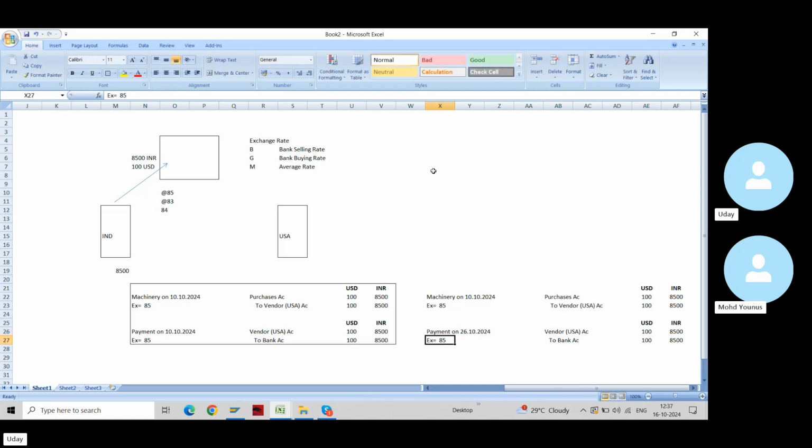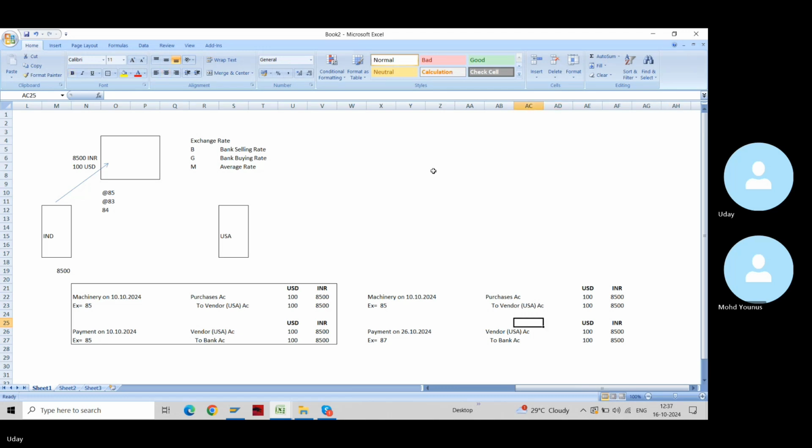I'm purchasing on 10th October and making the payment on 26th October. On 10th October my exchange rate is 85 rupees, whereas on 26th October, as you know, the exchange rate fluctuates daily. Let's say, for example, it went to 87.